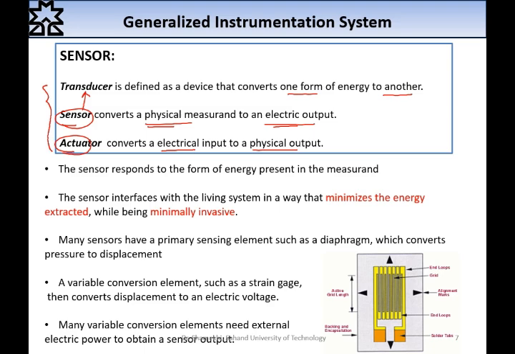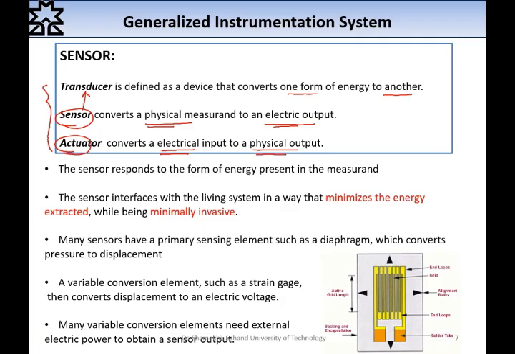These are actuators, and sensors are some transducer, converts a physical measurement to an electric output, such as temperature sensors, distance sensors, infrared sensors. And also, as you can see, in an actuator, we convert a type of energy, electric input, to another type of energy, physical output.